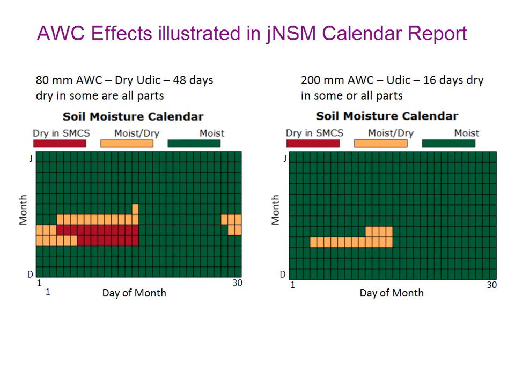It actually qualifies for the dry tempudic piece. If I use 200 millimeters of available water holding capacity, same climate data, everything else is the same, it's clearly udic. So it will vary depending on that. So it is an important thing to think about. Just don't use the default and expect to get the right answer in all cases.